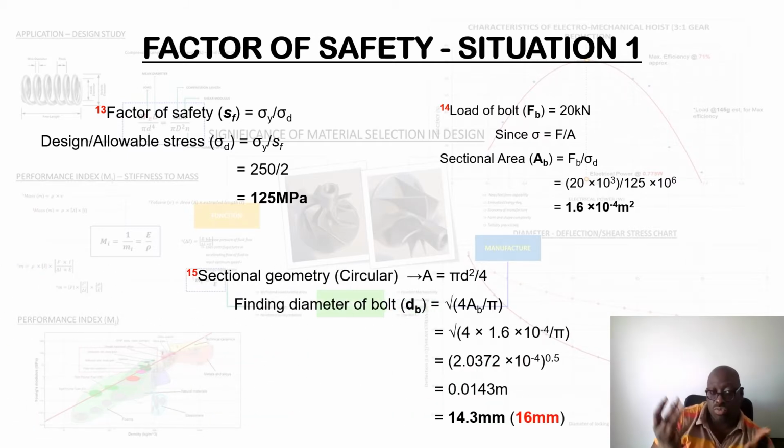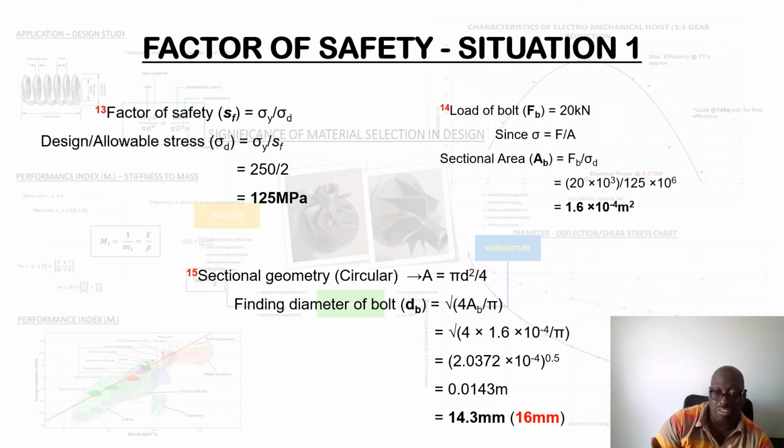Since most bolts off the shelf more or less have a circular cross-sectional profile, we're going to be using the area of a circle to work out what the diameter is. Again, as I stated, it's up to you. If you want to use pi r squared and then multiply r by 2 to give you the diameter, feel free to do so.